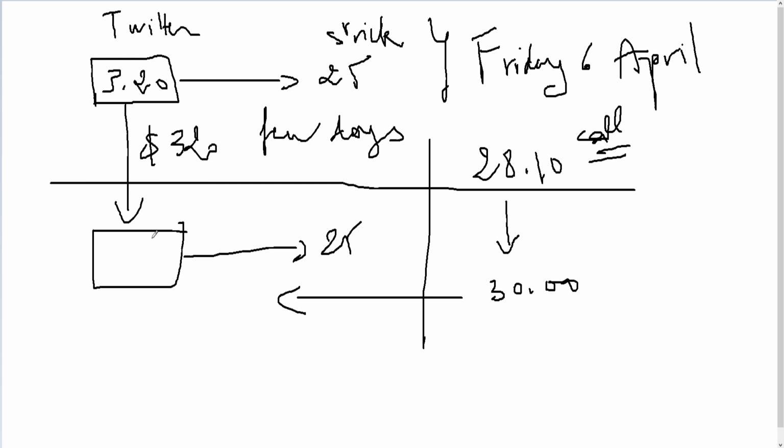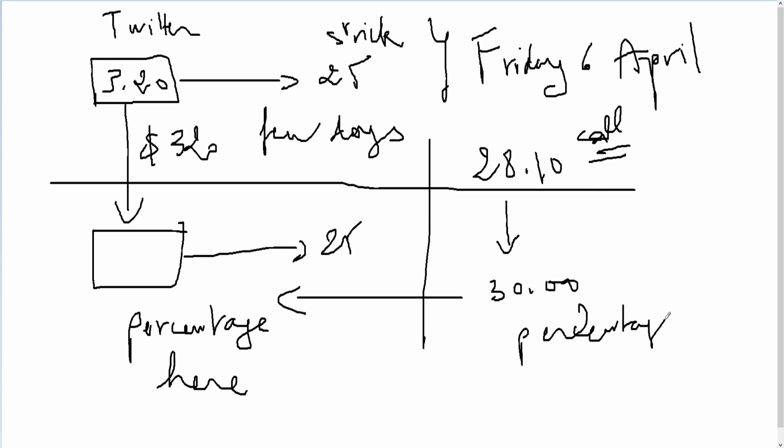Try to see here how much you make money, and try to see the percentage here, the percentage here, the percentage here, and the percentage here. So let's say here, 28.10 to 30, the stock has gone up $1.90.